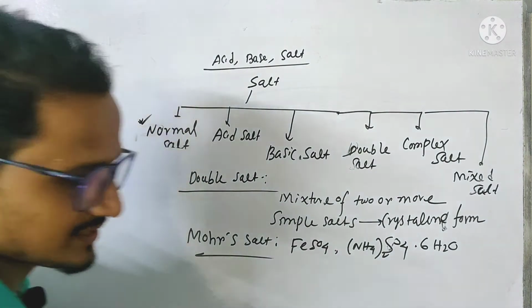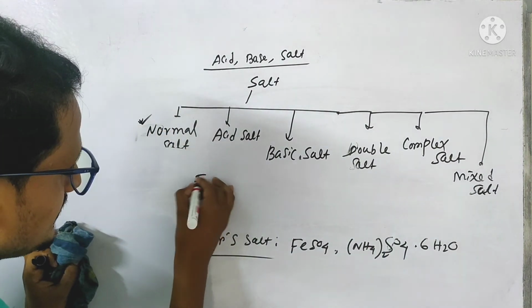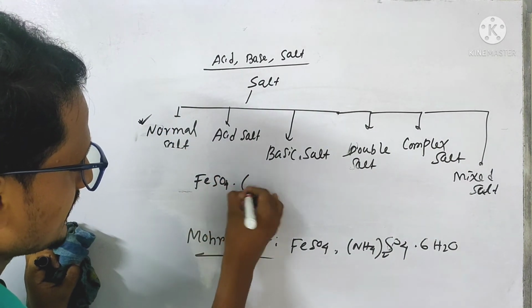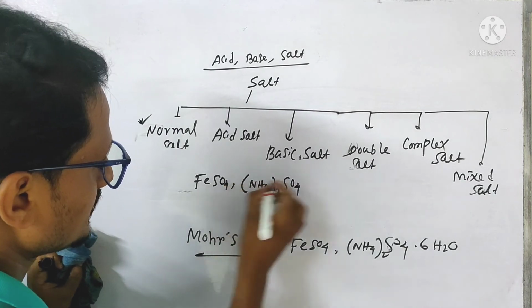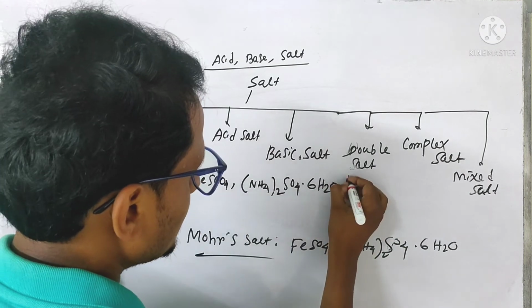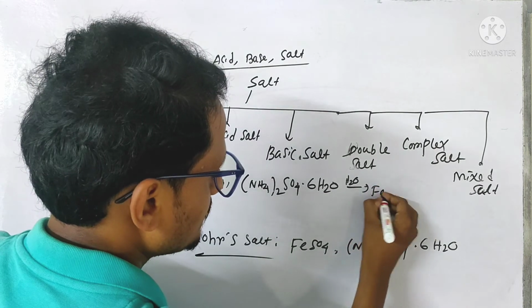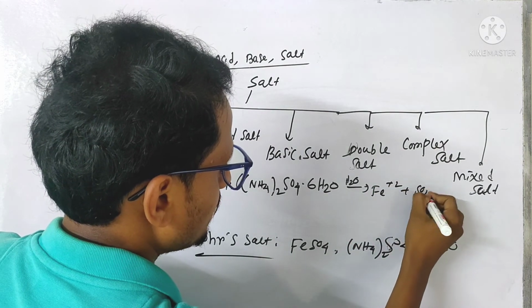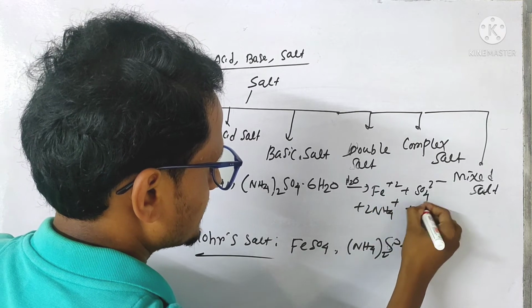How? This ferrous sulfate, FeSO4, (NH4)2SO4, 6H2O. In aqueous solution, it will completely furnish ions. That means Fe2+, SO4 2-, plus 2NH4+, SO4 2-.